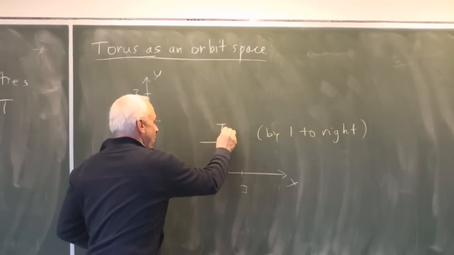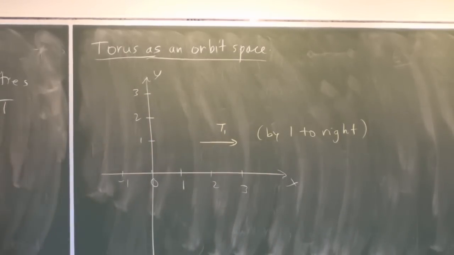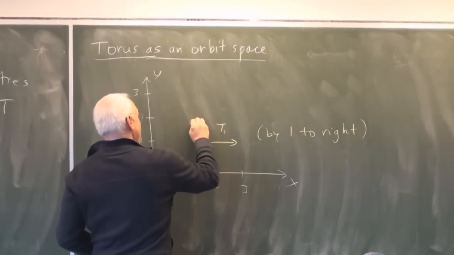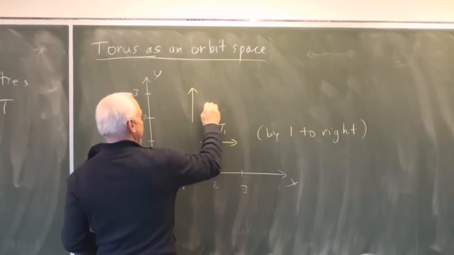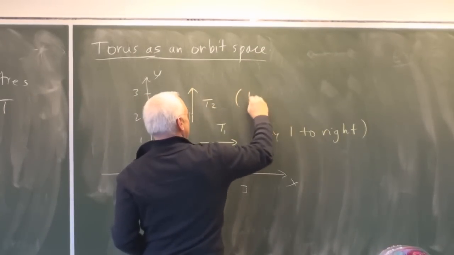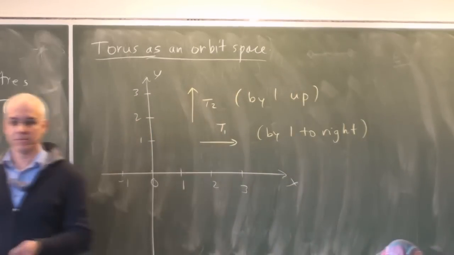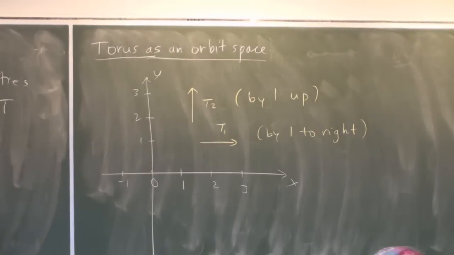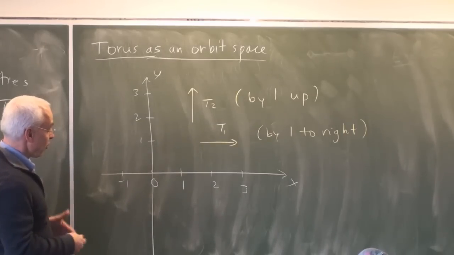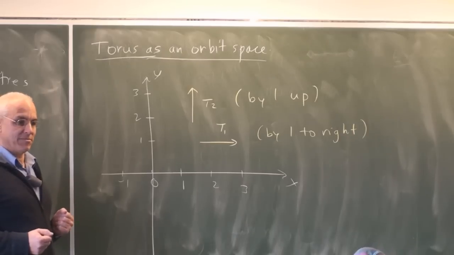And let's call it maybe tau 1, because I want to also introduce another translation, a translation of 1 going up. Let's call that tau 2. So that's by 1 up. And now we can consider both of these translations together, and we can consider the group generated by all these translations.